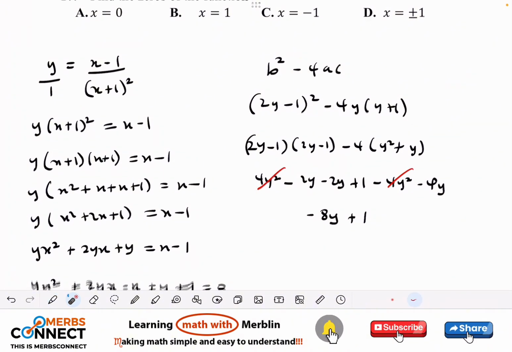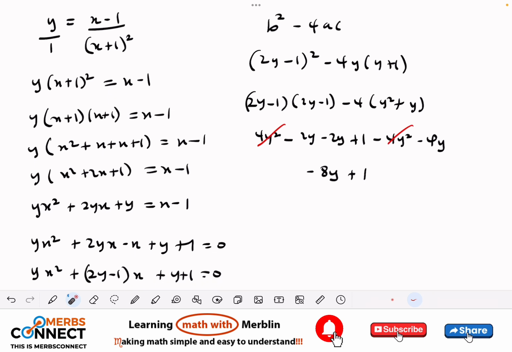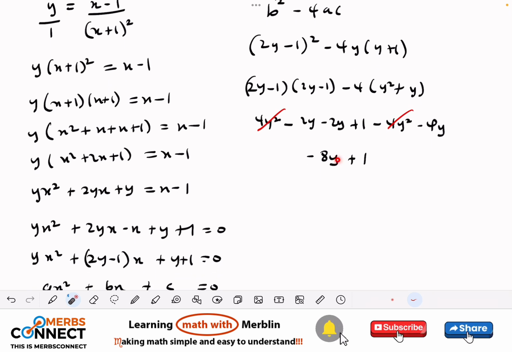Good. So let's look at the range of values here. So you will see that when y is 0, that is when this will be positive. So when y is a positive value, remember y should be a positive value, this should be greater than or equal to 0. Because when y is 0, 1 is true.